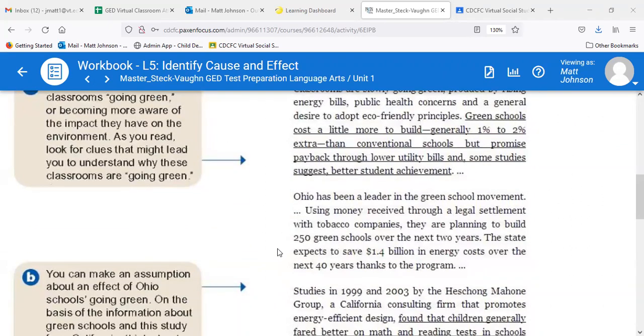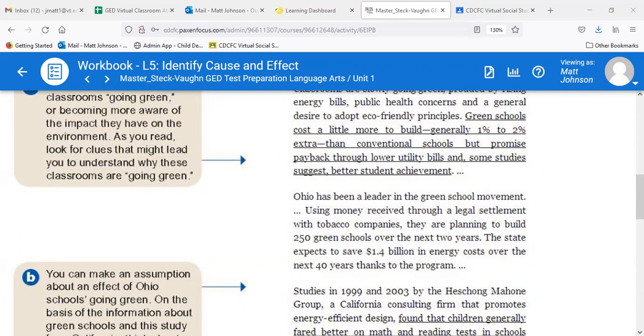Ohio has been a leader in the green school movement. Using money received through a legal settlement with tobacco companies, they are planning to build 250 green schools over the next 2 years. The state expects to save $1.4 billion in energy costs over the next 40 years thanks to the program.